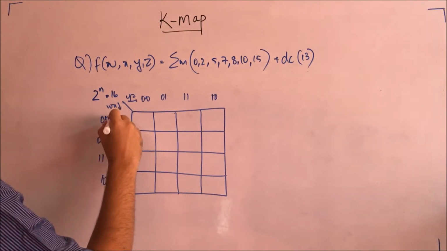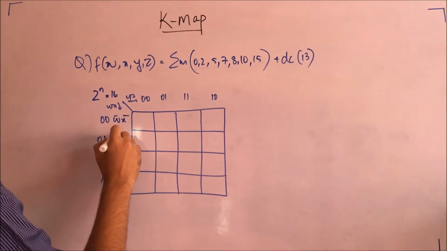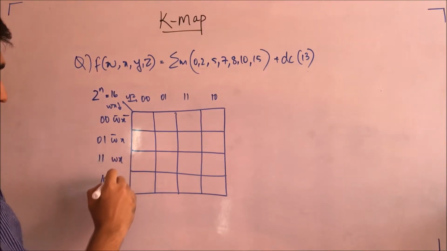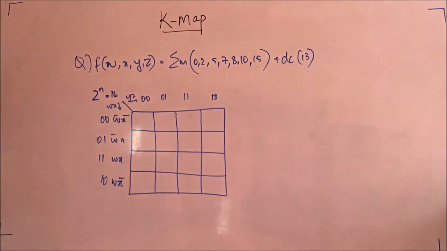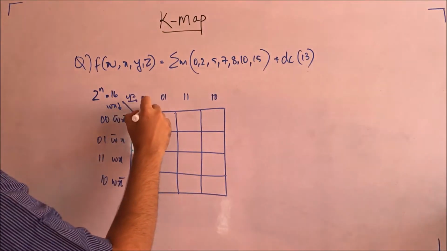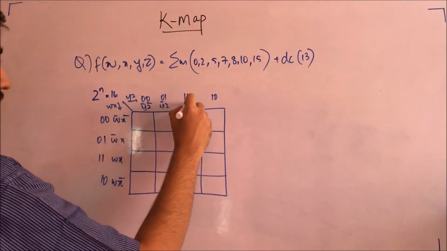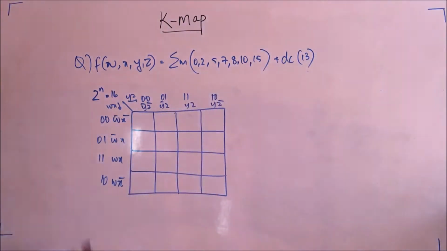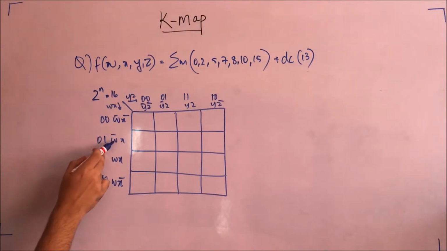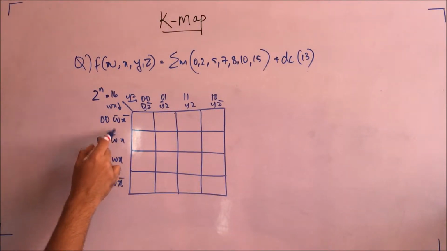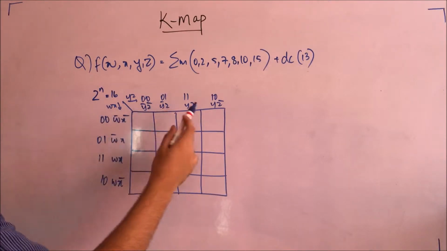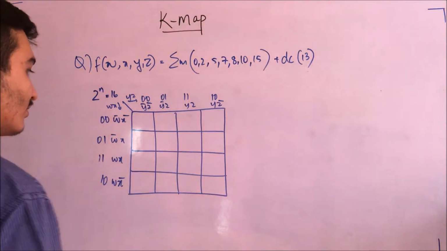Meaning I'll have w bar, w bar x, wx and wx bar. Similarly, I'll have y bar z bar, y bar z, yz, yz bar. So if you can see in this case I have 0, so complement of w, 1 which is the variable itself, which is x. Similarly, I have written all of these variables.